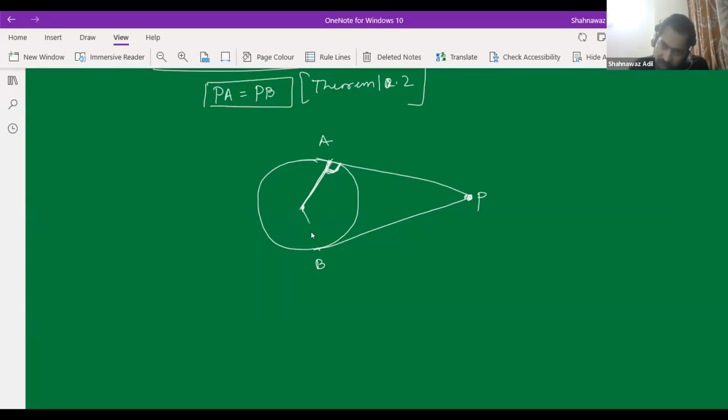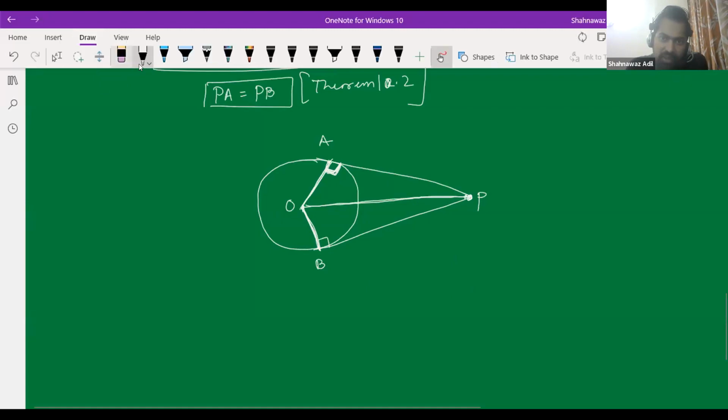Similar thing would happen if I connect these two. Let's say this is O. Now let's say I connect this line. So these two are right angle triangles, right?